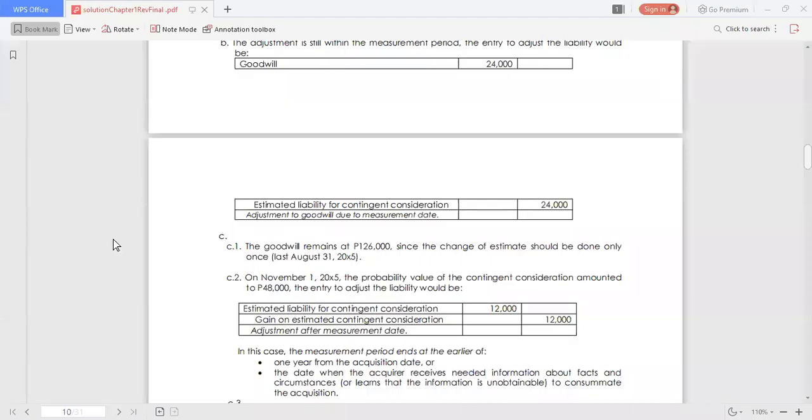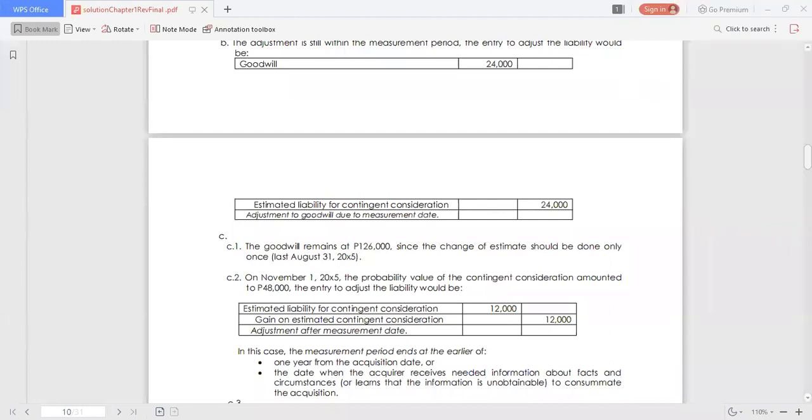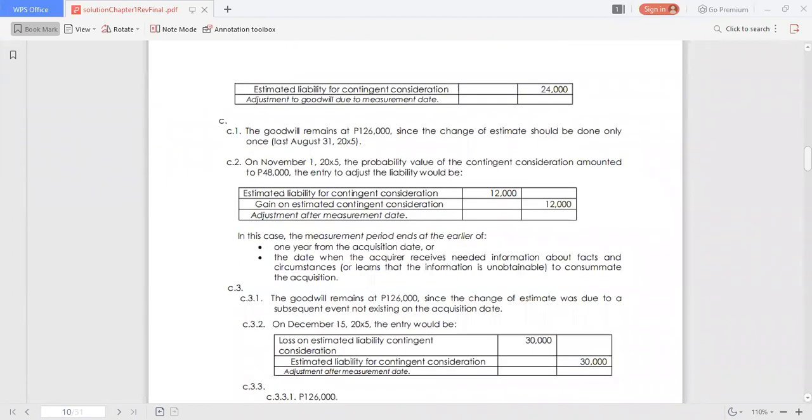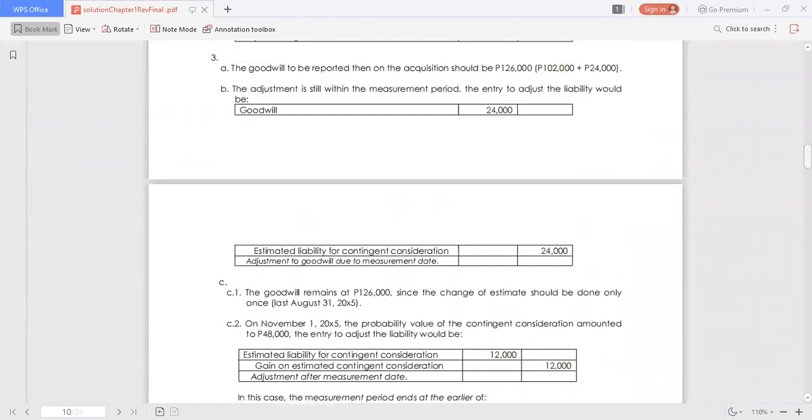Okay, so we now debit goodwill by 24,000, and we now credit estimated liability for contingent consideration in the amount of 24,000. Initially the estimated liability for contingent consideration was 36,000.